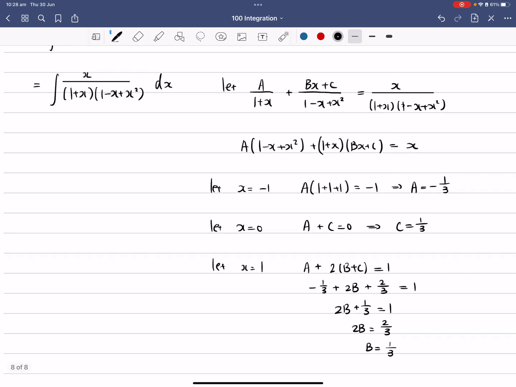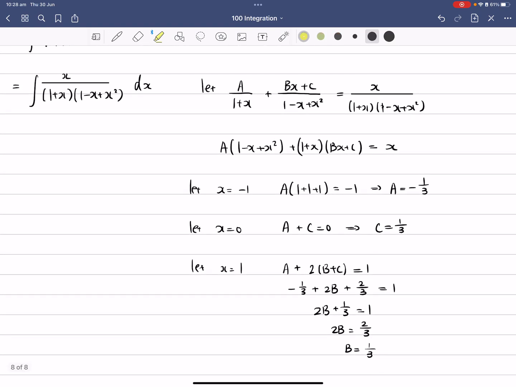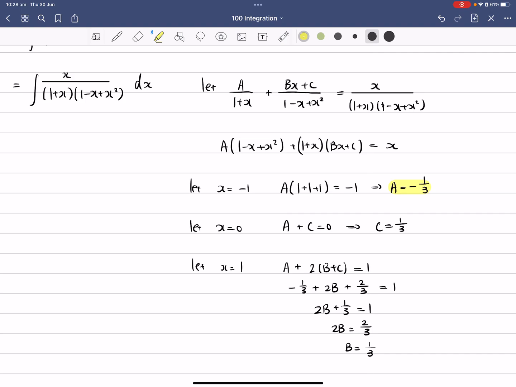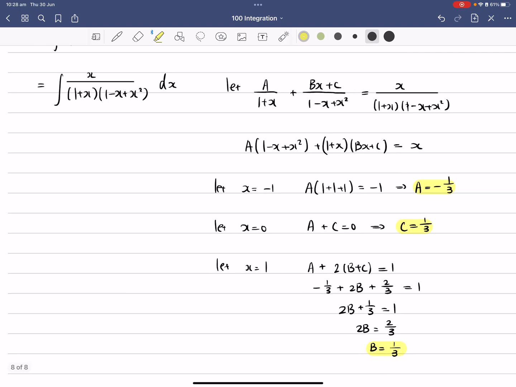It does take a while to find the values of a, b and c. Now let's replace this with the fractions we have. a is -1 over 3 over 1 plus x.